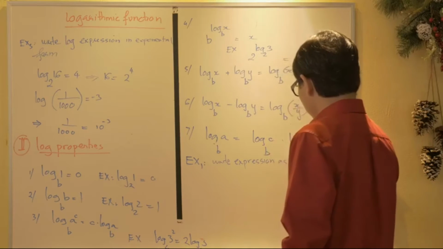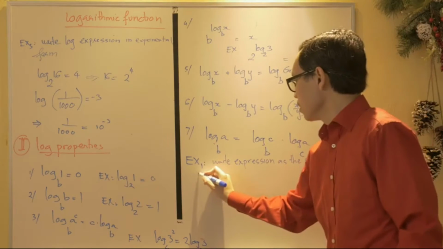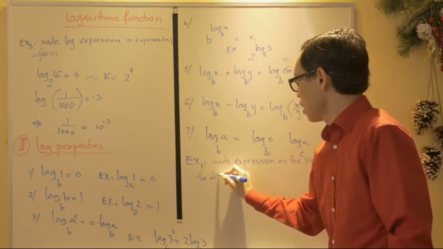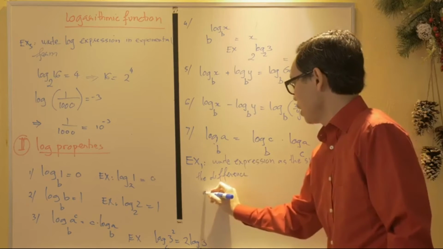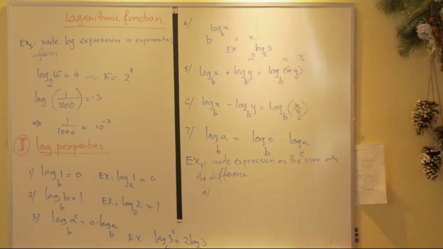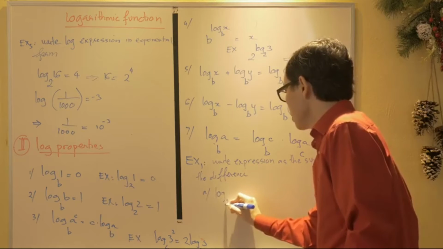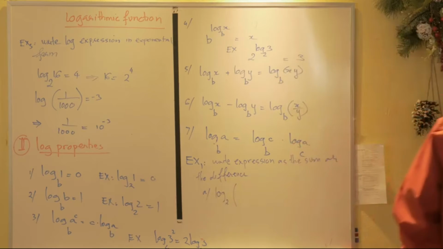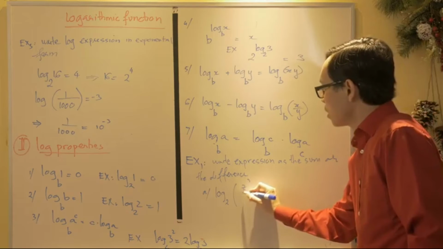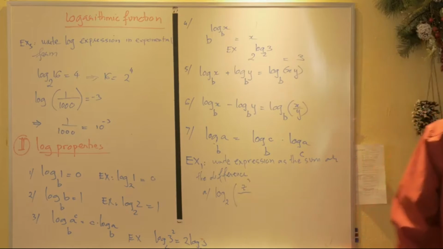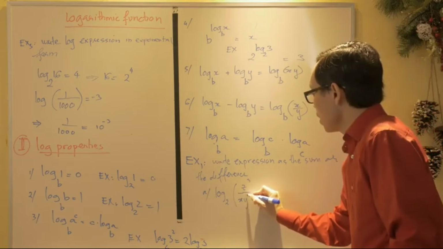A: log base 2 of z to the third power over x y to the fifth power.